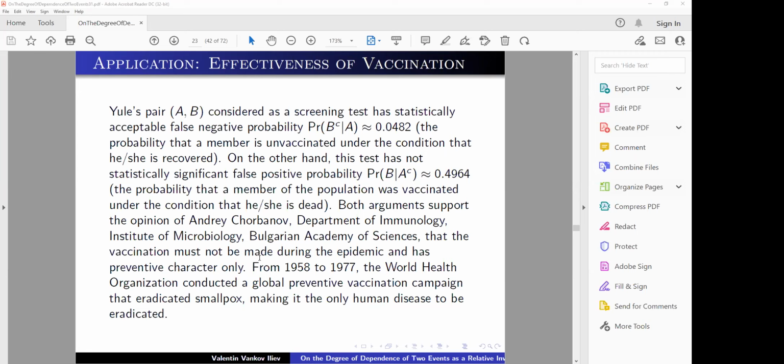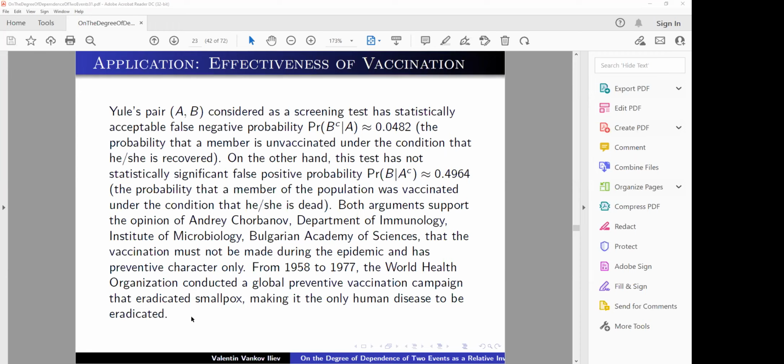And what is very important, my index, my degree of dependence shows here 57% of positive influence of the vaccination on the recovery.